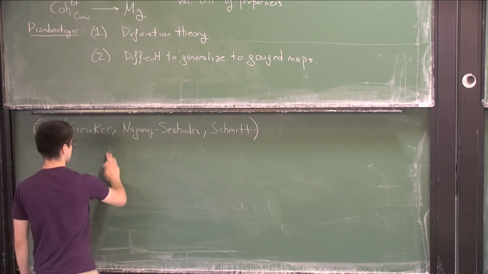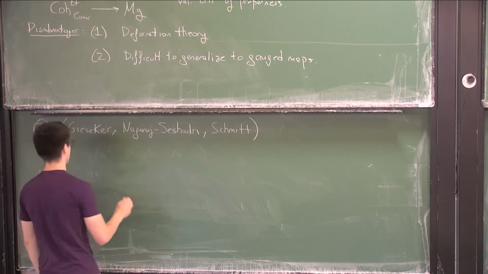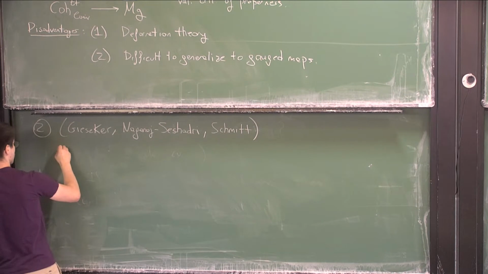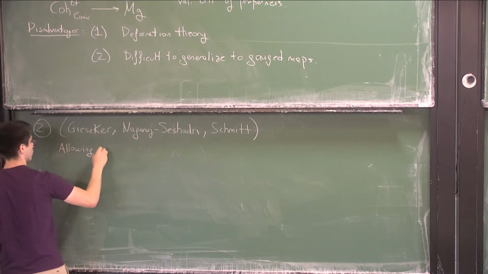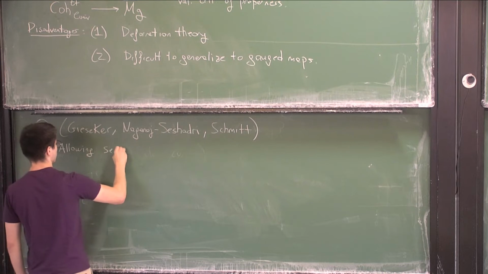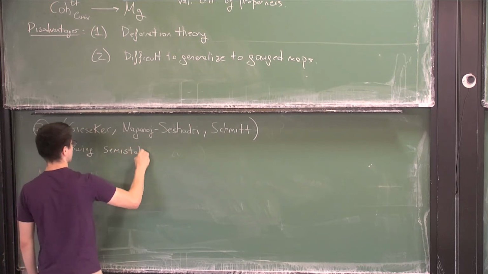What you do here is you compactify by allowing semi-stable as opposed to stable curves.